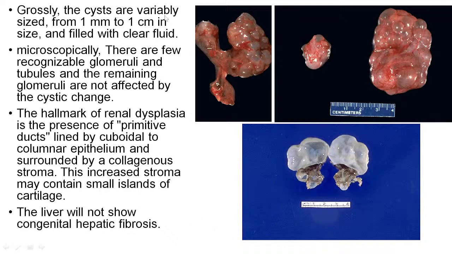Grossly, cysts are of variable size, from 1 mm to 1 centimeter, and filled with clear fluid. Here, what we are able to see is just like a horseshoe kidney, where one arm is quite small and another arm is comparatively larger.